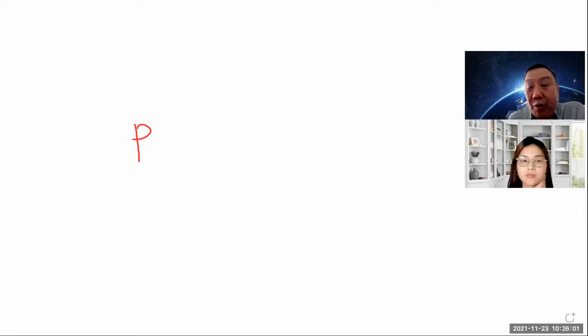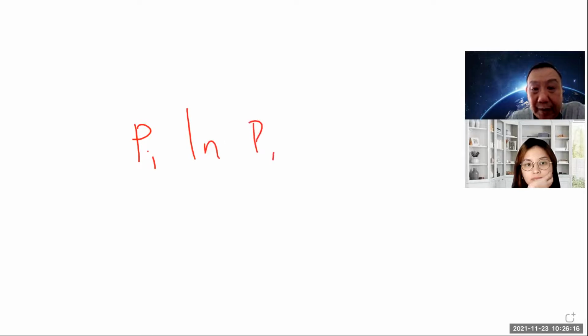If you want to get the entropy, then you multiply that probability, for example pi, with the ln or the log of pi. But the ln of pi will be negative, so you put a negative sign, and then you sum for all i. So this is called entropy.